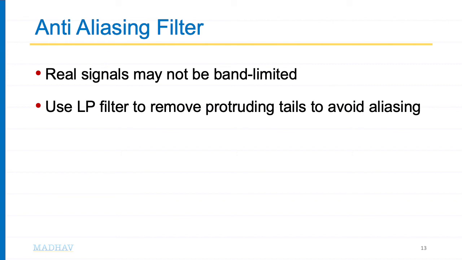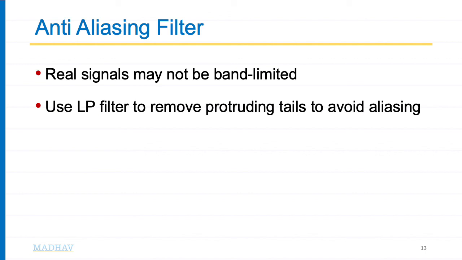So to minimize the data size, they band limited the speech signal to, let's say, 3000 hertz. So first they do low pass filtering to remove all of the higher frequency components, and then do sampling at that rate, and then they can ensure that the tails are not protruding into the next copies.